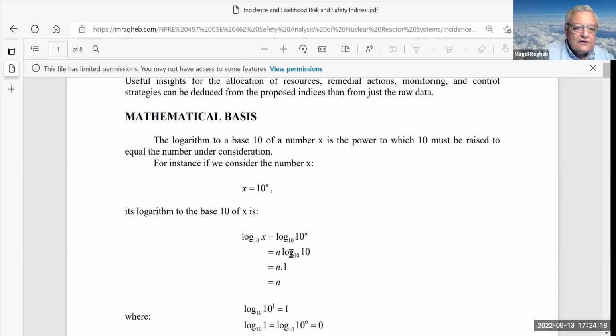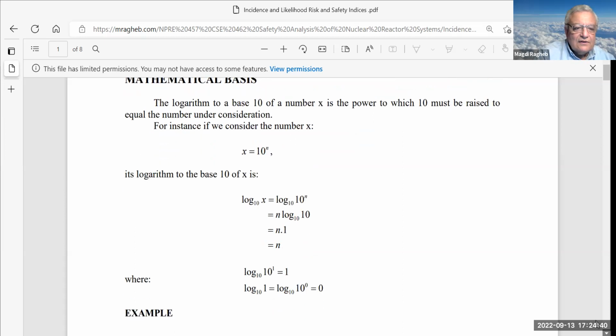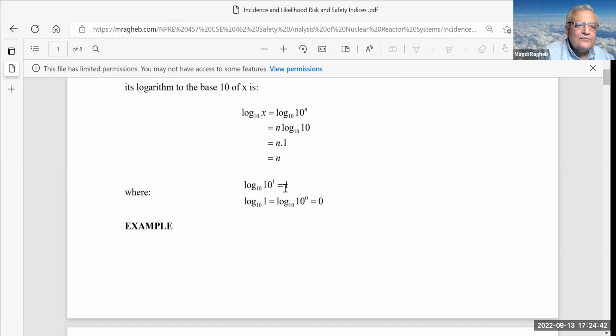We have to remember that the log of 10 to the base 10 is simply 1. So the log of x to the base 10 is simply that exponent n of the 10 factor. So we have to remember that log of 10 to the first power is 1, and log of 1, which is the same as log of 10 to the 0th power, is 0.